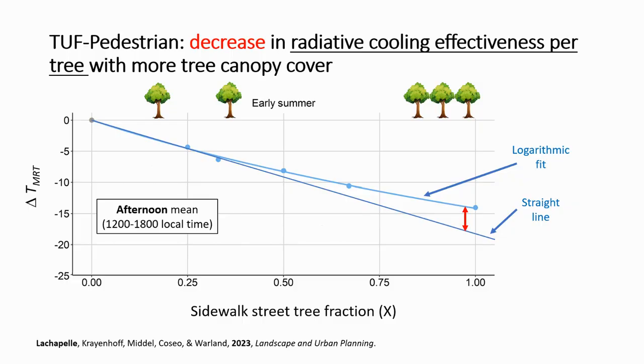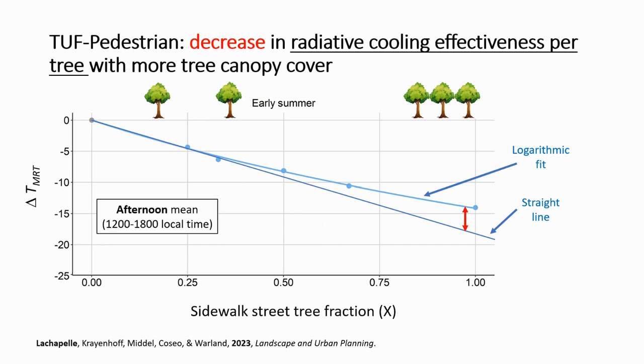We've done one more experiment with this model where we essentially looked at a variety of cases. Here's one of them. We're looking at, as we increase the sidewalk street tree fraction on the x-axis, so we go from the trees being quite spaced apart to there being no more space to plant any more trees on the right, what is the reduction in the mean radiant temperature? We find a small nonlinearity.